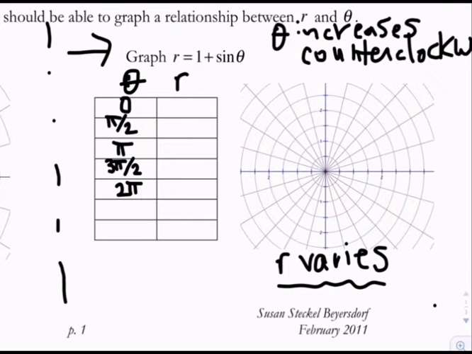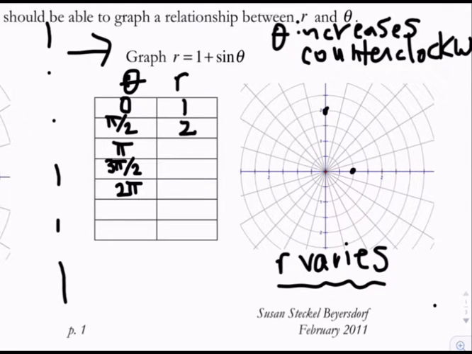All right, hopefully this wasn't too hard. Sine of 0 is 0, so this should be 1. Sine of pi halves is 1, so this is 2. And let's just graph those two to start. So you've got theta is 0 and r is 1. That's this point here. Theta is pi halves and r is 2, which is this point here.